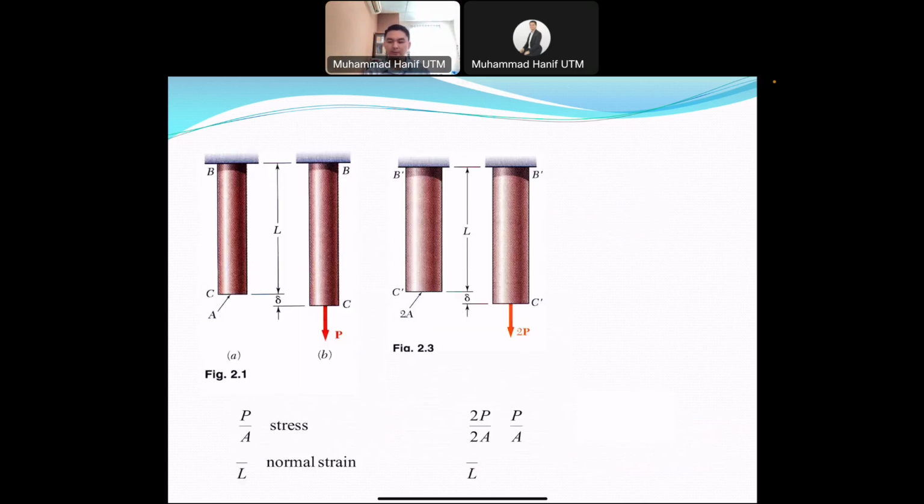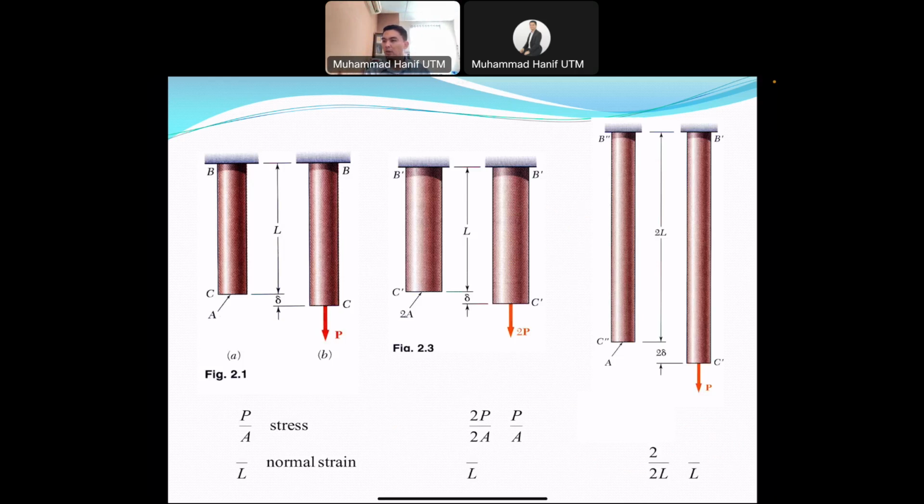This slide shows how we can relate stress and strain. The equations are different, but we can understand that stress and normal strain can be calculated from the free body diagram of the body.